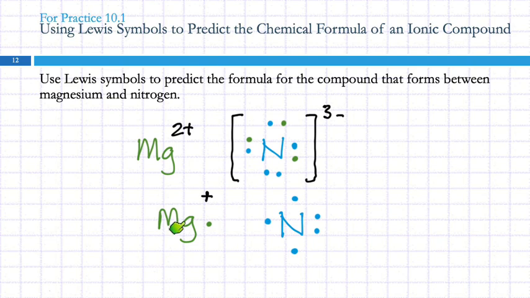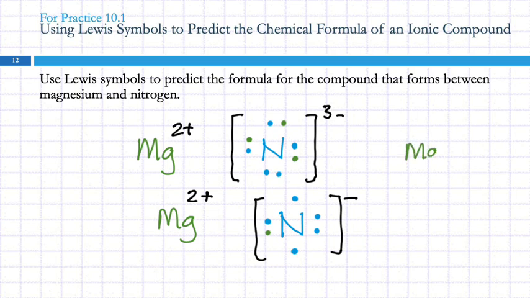So magnesium wants to get rid of one more, so it can give this to the nitrogen. Now this magnesium has lost all of its valence electrons, so this guy's happy. This nitrogen now has a 1 minus charge. Is it happy? No. This is where you might think, well, this is going to go on all day long. No, we're going to get there.